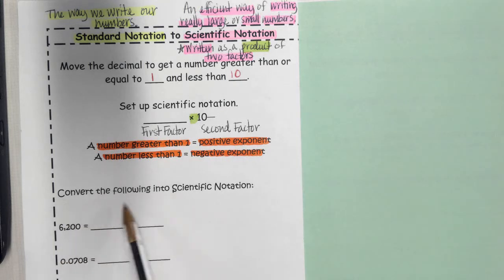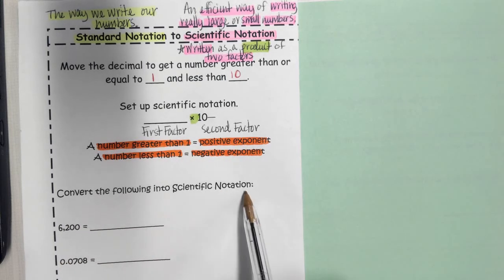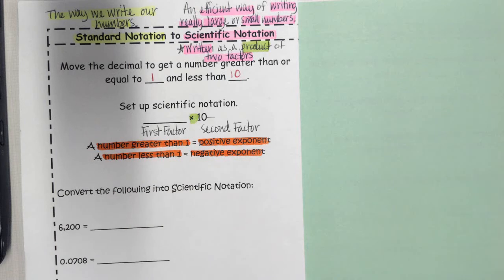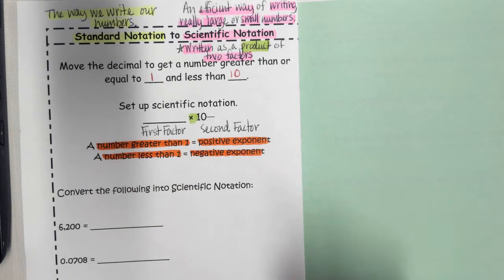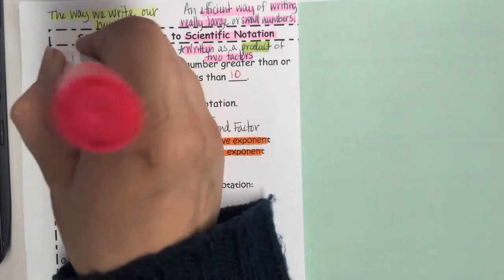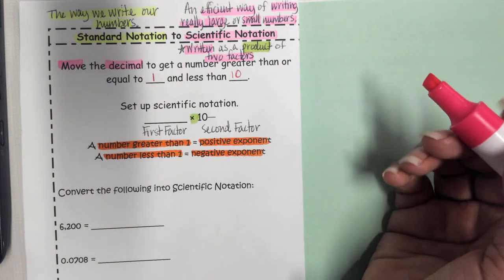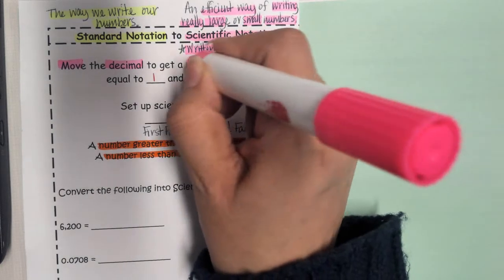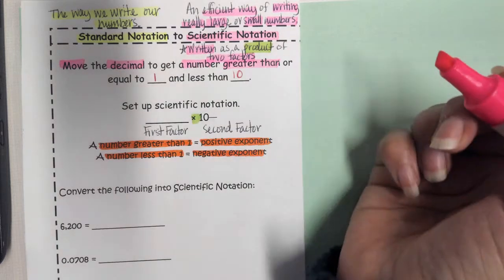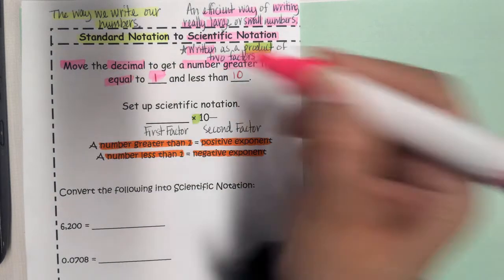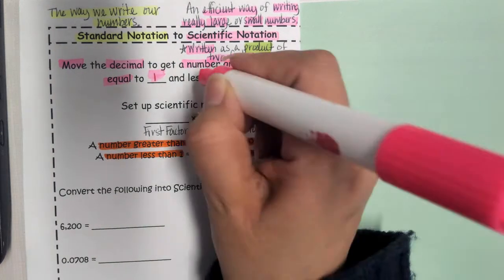Okay, it says here to convert the following into scientific notation. Well, the first thing I need to do according to our notes is I need to move the decimal to get a number greater than or equal to 1 and less than 10.